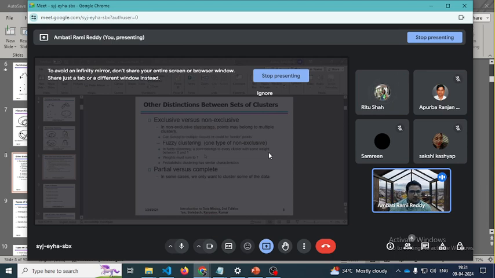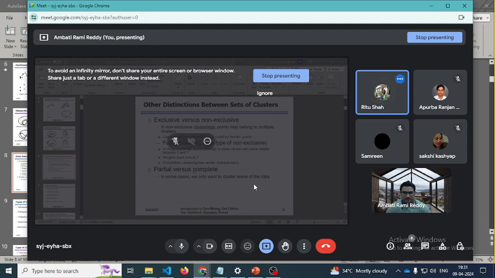Can you see my screen or not? I don't know if the problem is from my side or your side. I can see the screen, but every time you refer to a part, I can't see that slide. It's still stuck on the previous slide.